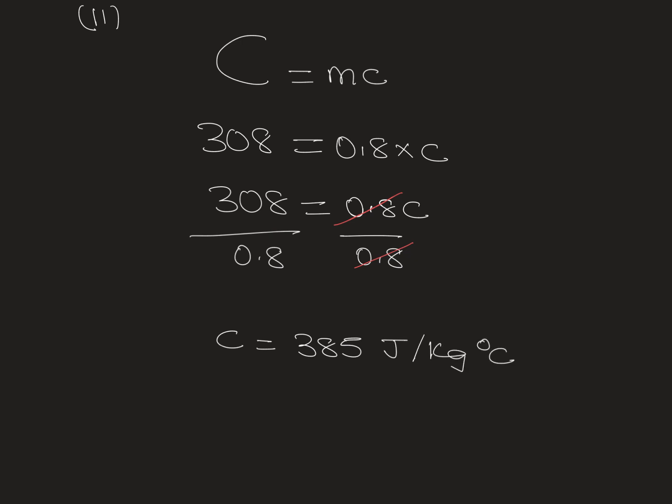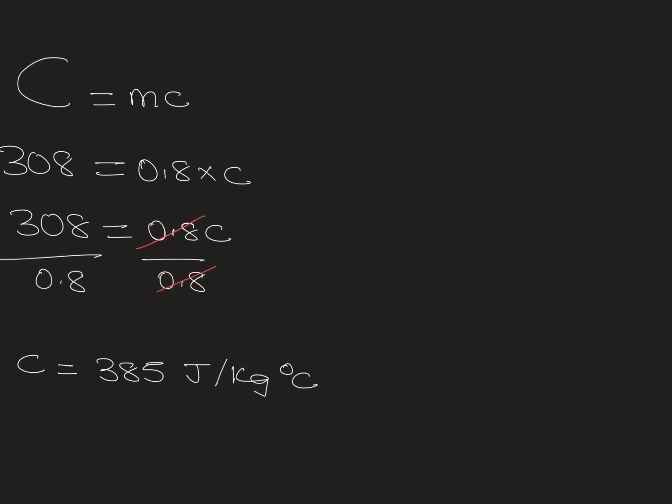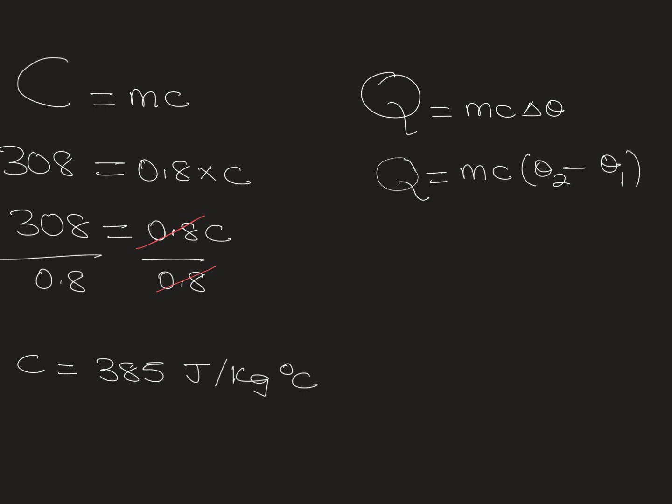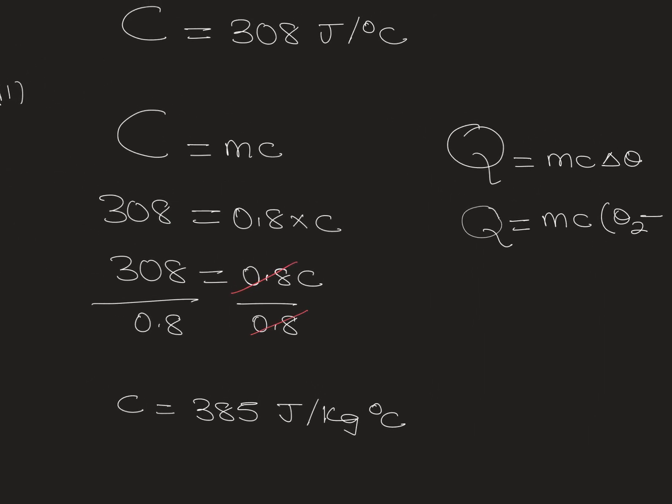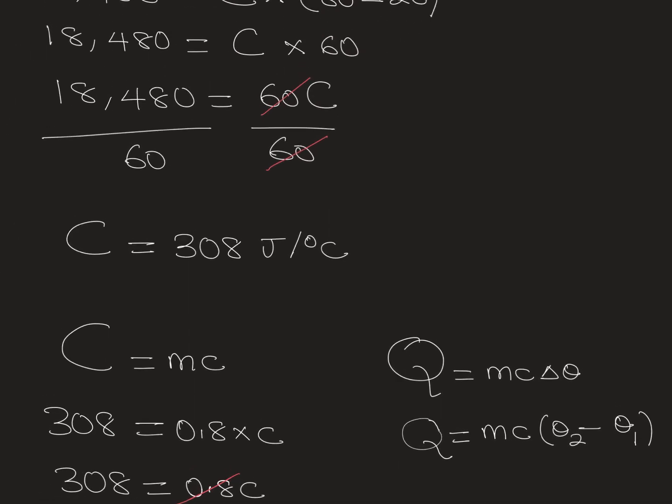Okay, but alternatively, we can use the formula Q is equal to MC delta theta, where delta theta is going to be theta 2 minus theta 1. So when we use this formula, we can still find the specific heat capacity. All right, we know that the quantity of heat is calculated as 18,480 joules.